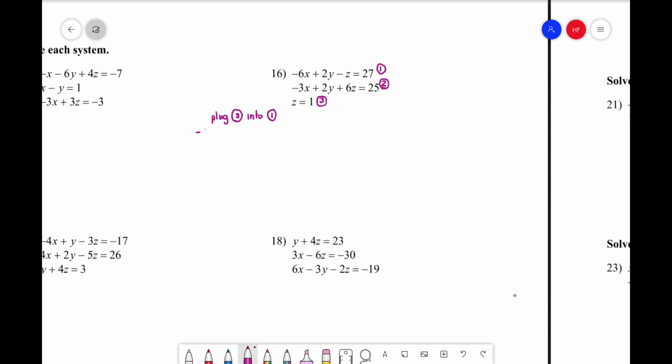So we have -6x plus 2y minus 1 equals 27. -6x plus 2y, and let's add that 1 to the other side, equals 28. So we'll just leave that the way that it is.